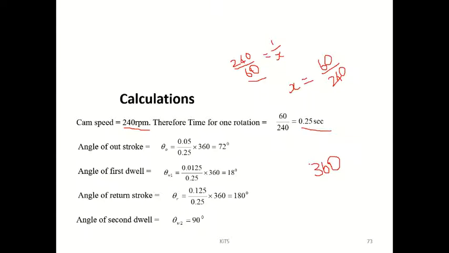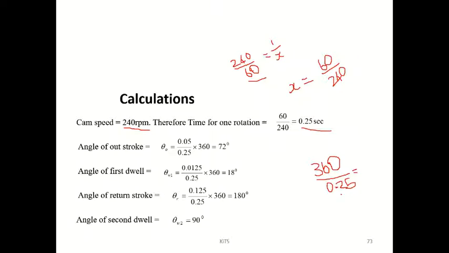In other words, in 0.25 seconds it is crossing 360 degree. One complete revolution of the cam means it is 360 degree, you know that.